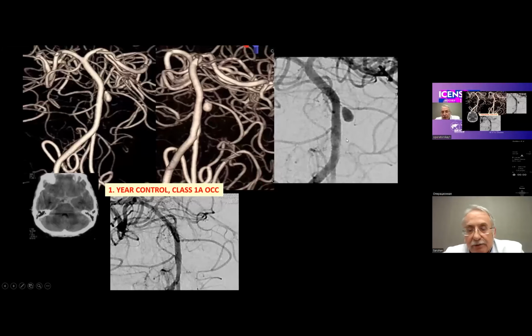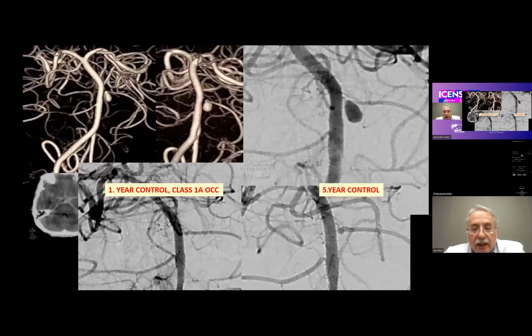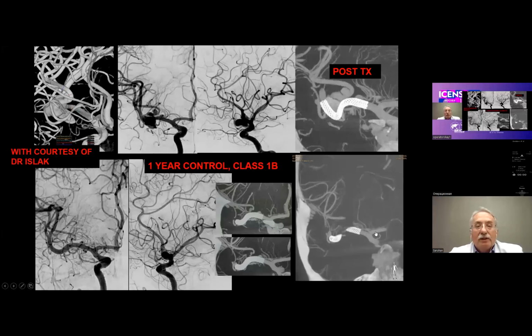It was not possible, and basically we placed a flow diverter. And this is the 5 year follow-up with indirect flow diversion done from the basilar artery here. And you see that reverse remodeling, and maybe some part of the aneurysm is needed here to be able to keep the flow conduit. And this is just a nice stable remodeling.